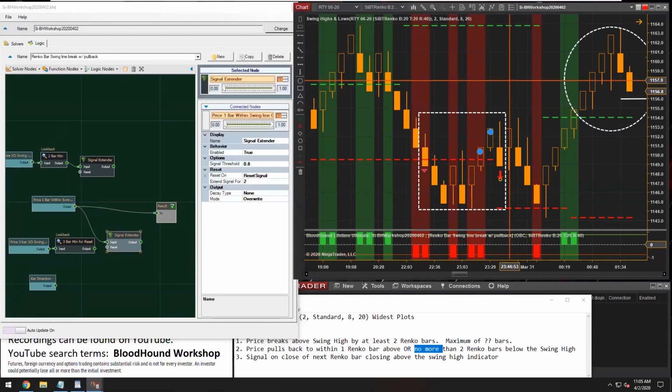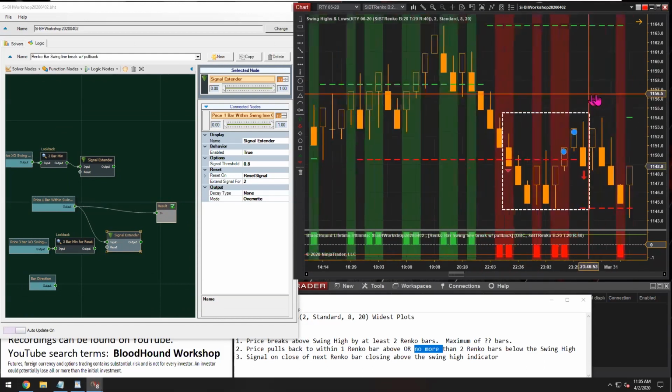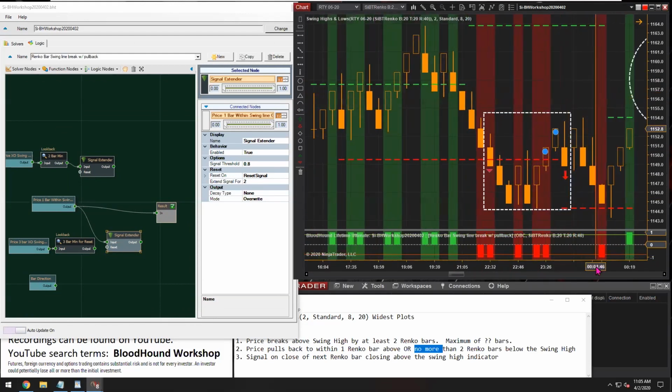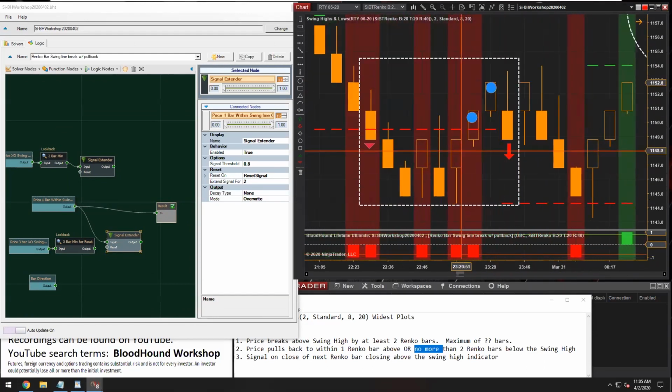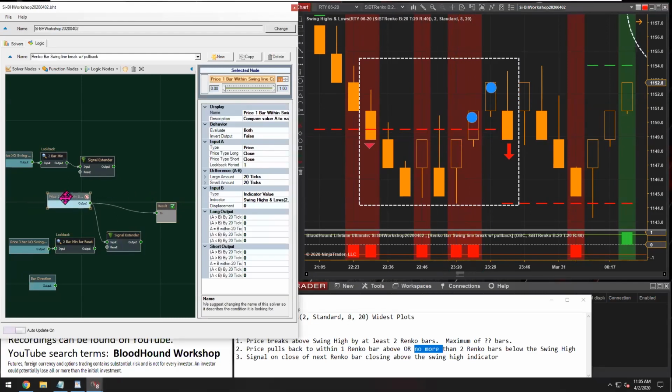And right, so what I wanted to point out here, what I wanted you guys to see visually, is these 2 bars. We have a signal, or an output, on these 2 bars because the closing price is within. Here, let's take a look at this solver.